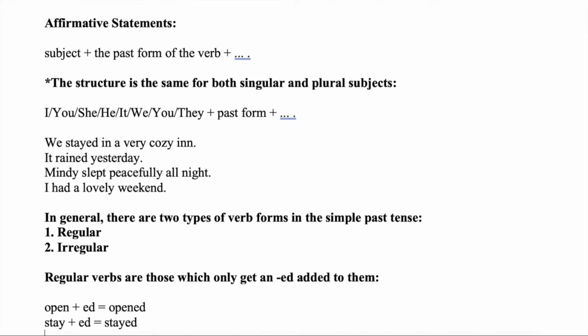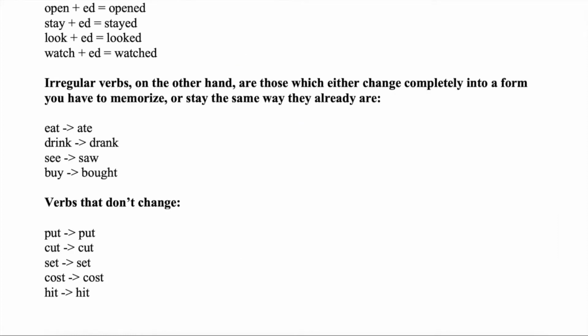There are two general types of verb forms in the simple past tense, regular and irregular. Regular verbs are those which only get an ed added to them, like open, opened, stay, stayed, look, looked, watch, watched.